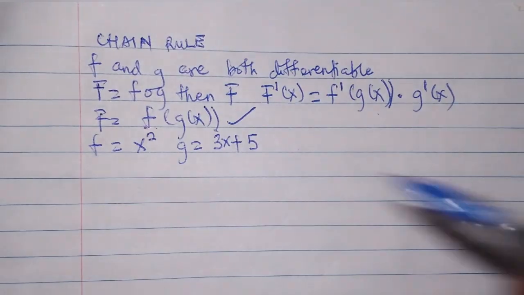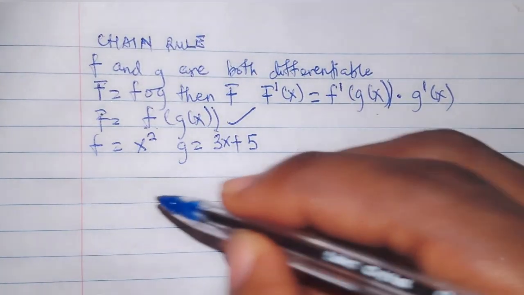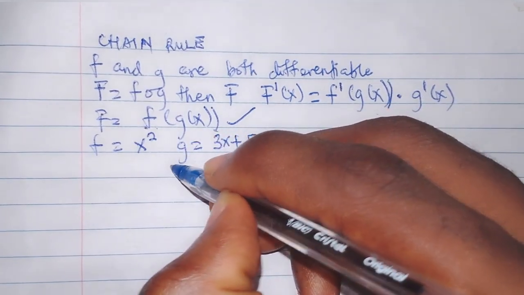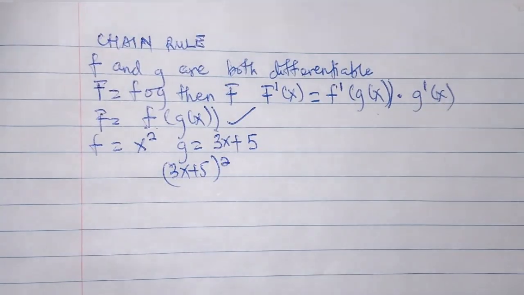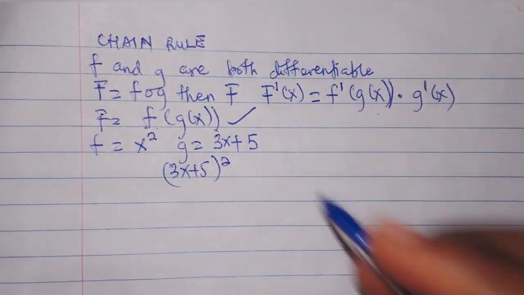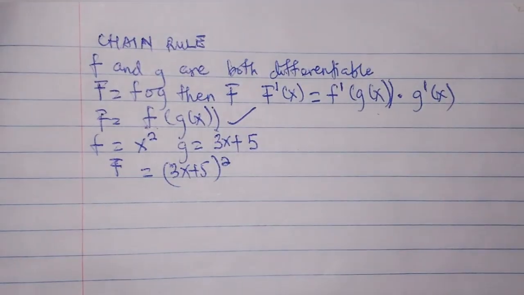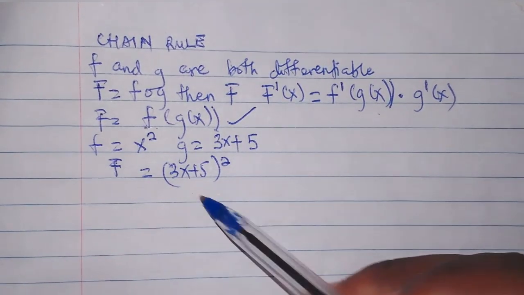The composite function of f and g would simply be 3x plus 5 all to the power 2. So the capital F will be 3x plus 5 all to the power 2. When I want to differentiate this, we want to differentiate this.